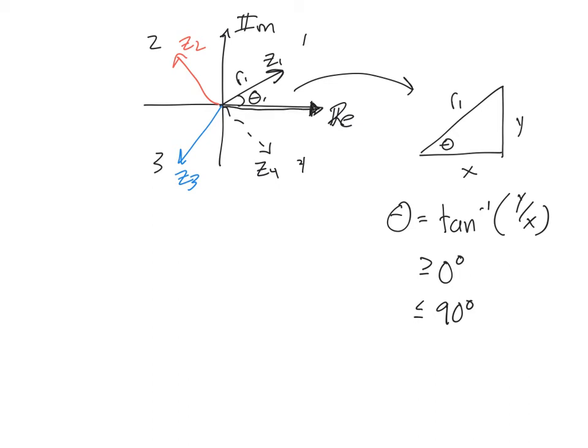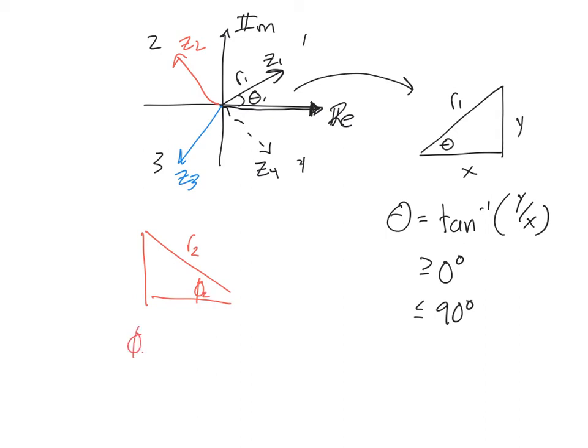So if we do the same thing for quadrant 2, we're not actually finding theta anymore. I'll call it phi over here when looking for r2 and phi.